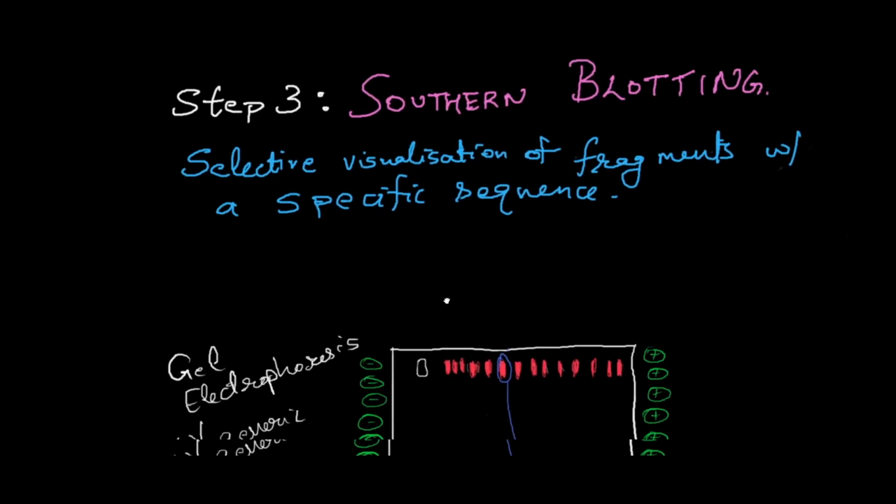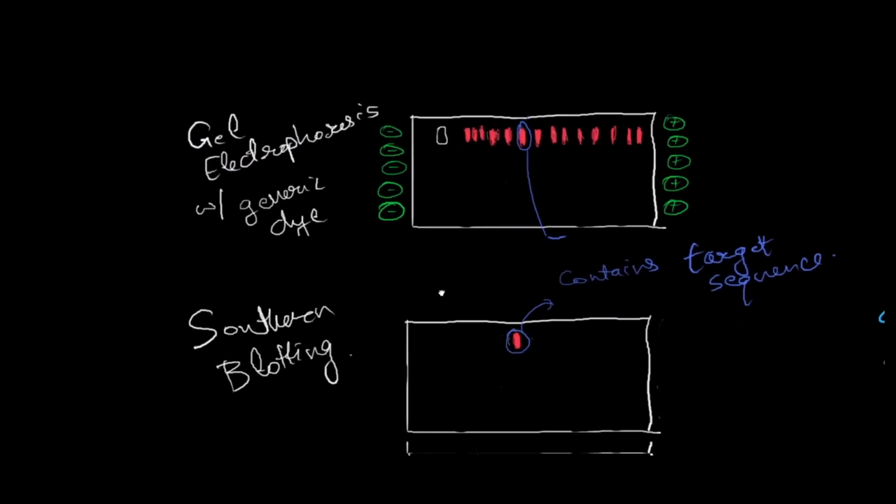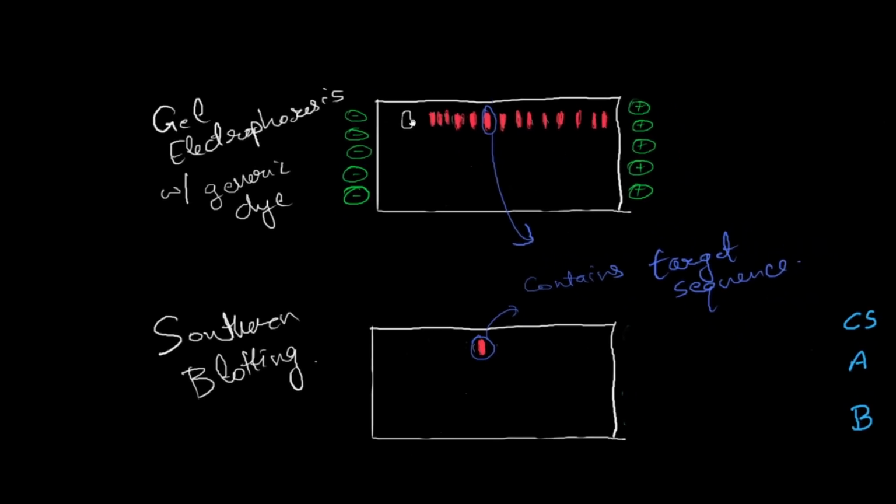Okay, and the result of this would look something like this, and I'm giving you a comparison between using a generic dye on top versus with Southern blotting, where we can specifically target a fragment with a known sequence. Here, in one case you see basically the whole of the DNA after gel electrophoresis.